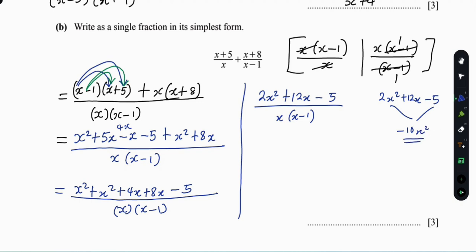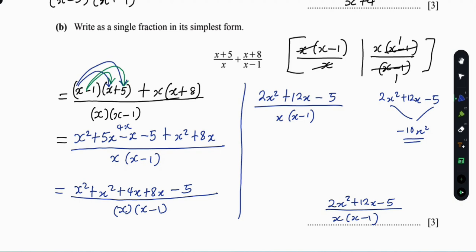It's not easy to get two numbers that multiply to give that and add to give 12x. The factors of 10 are 2 and 5, and also 1 and 10. So our answer is 2x squared plus 12x minus 5, all divided by x times x minus 1. But if it's possible to factorize the numerator, make sure you do so.